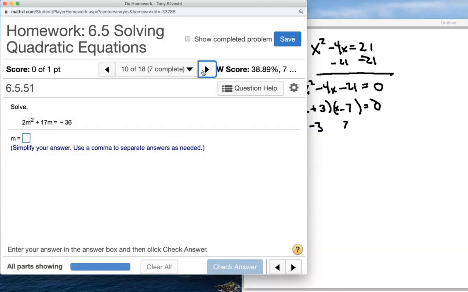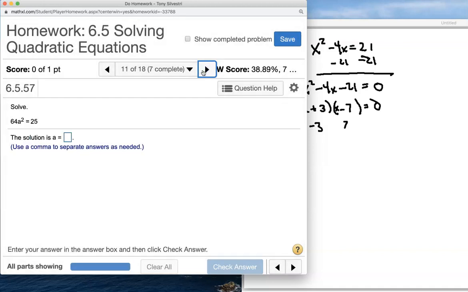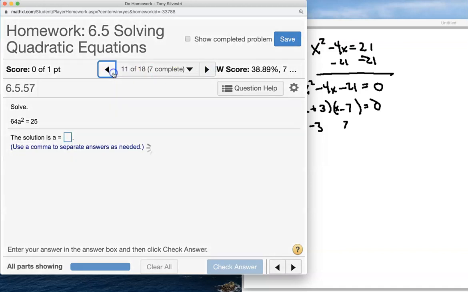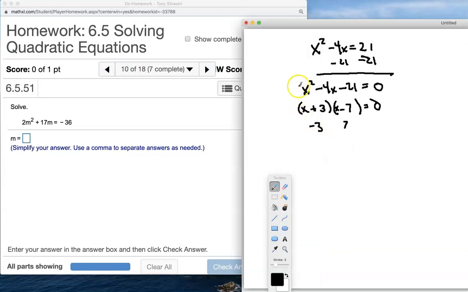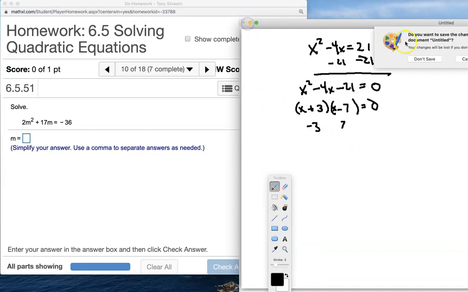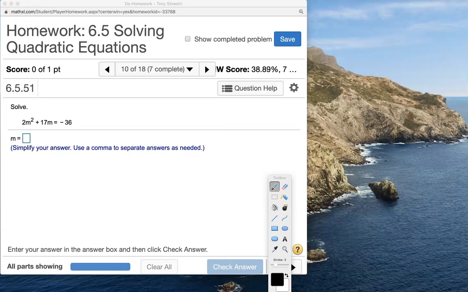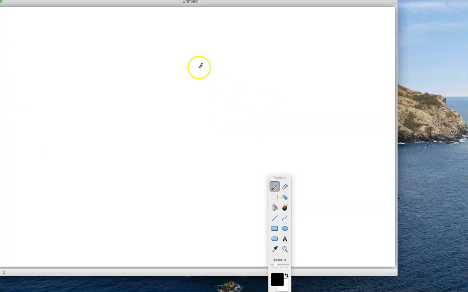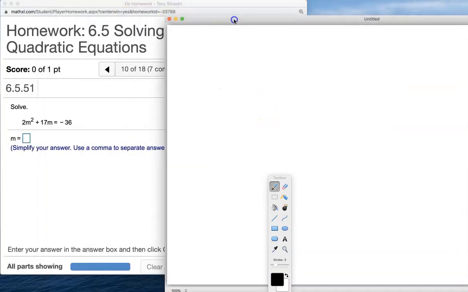Number 10. I will do number 10. Let's scan ahead. Okay, let's go to number 10. Clear it. Don't save. File, New. Okay. Move this over here.